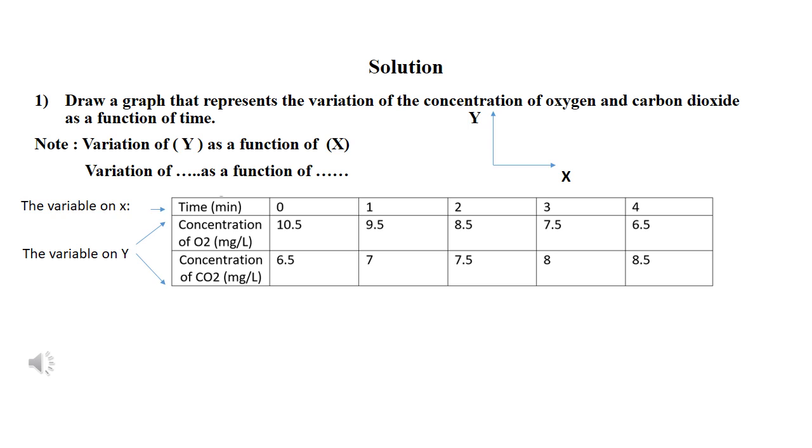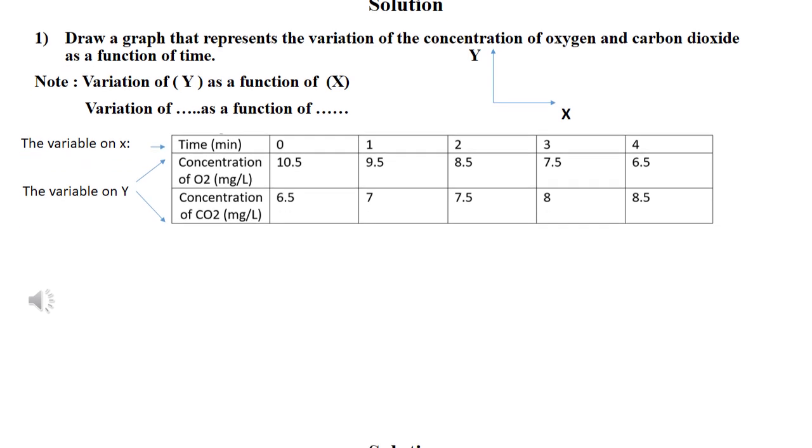In this case, it is the variation of the concentration of oxygen and carbon dioxide as a function of time. By a simple comparison, the variable on x is the time, while the variable on y is the concentration of both oxygen and carbon dioxide. If you forget this, note that in a table the variable x is always located on top of y.